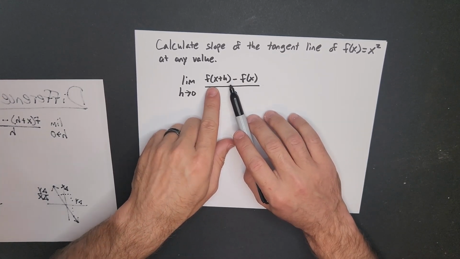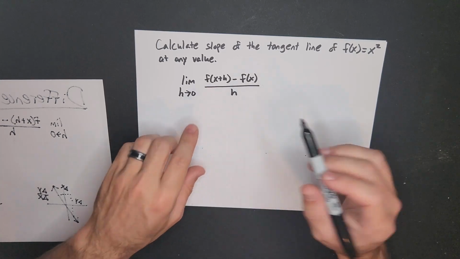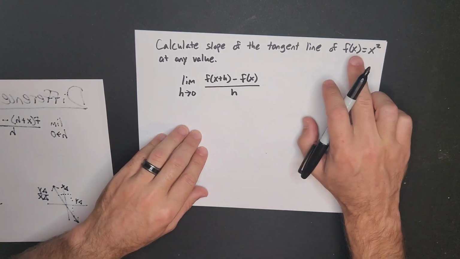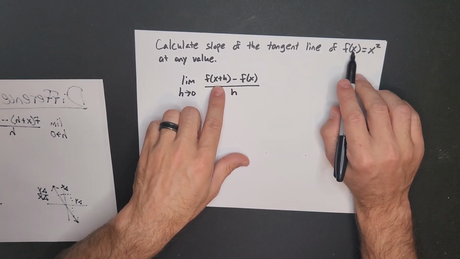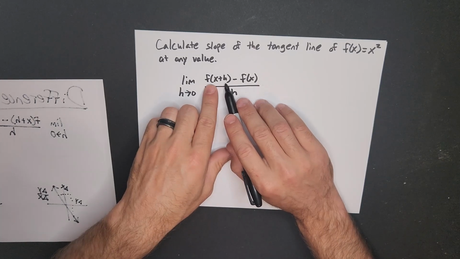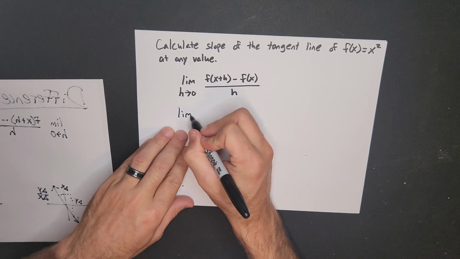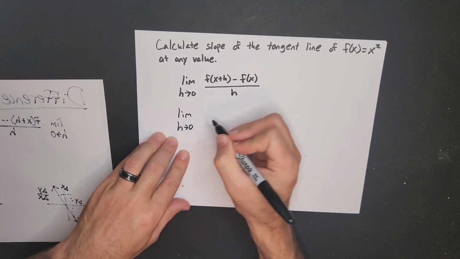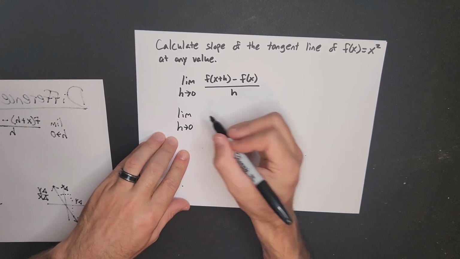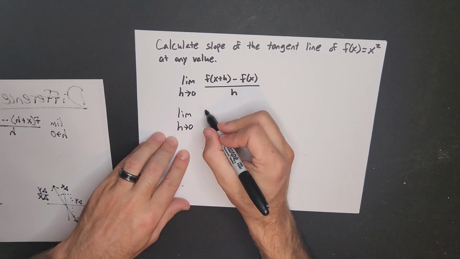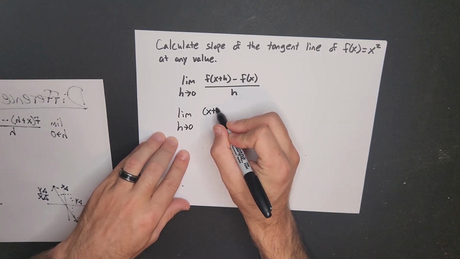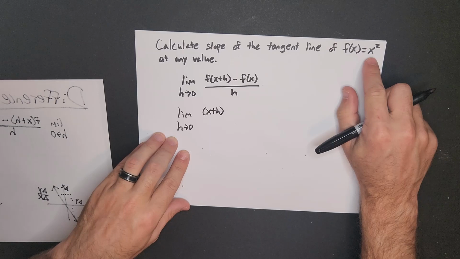But plugging into this part is where the problem gets a little bit more work. Okay, so as we plug this in, anywhere I see an x value here, I need to make sure that it's substituted with x plus h. So when I do this, I have the limit as h approaches 0. F of x plus h. Well, f of x is equal to x squared, which means x plus h is what is getting plugged into this x value.